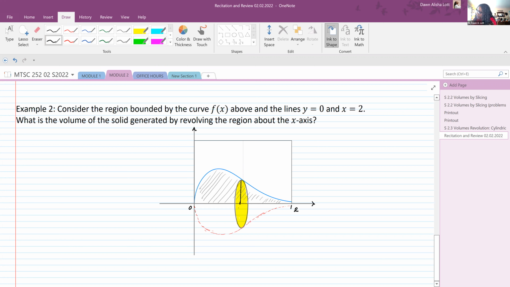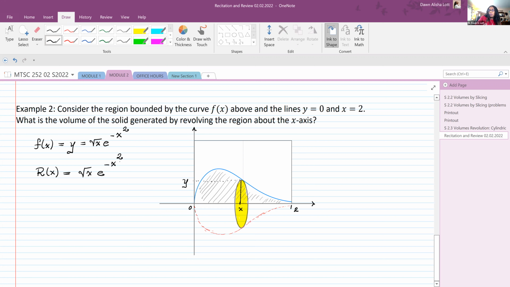Well, we already figured that out for the last problem. We said that this height was simply y. And we know that f of x equal to y is the square root of x times e to the negative x squared. Okay, so therefore the radius of this disk is equal to the square root of x e to the negative x squared.